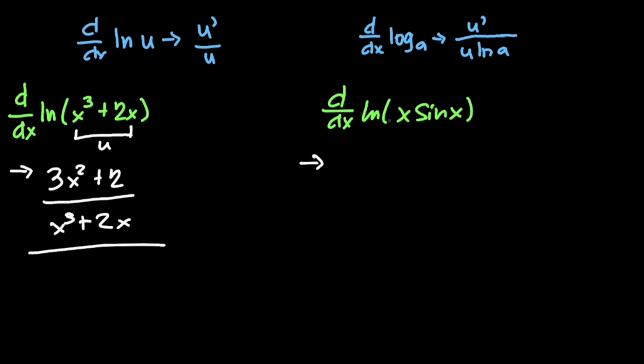Derivative of natural log of x multiplied by sine of x. As you can see, this is product rule. The formula for product rule will be uv will be u multiplied by derivative of v plus u prime multiplied by v.